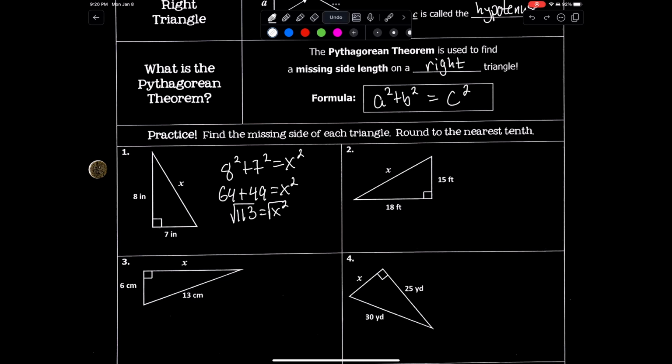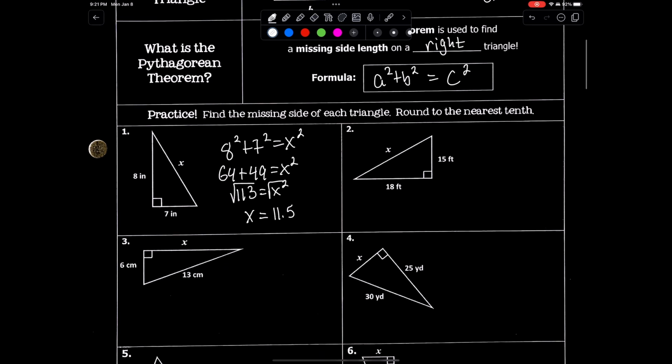While it works mathematically, it doesn't make a whole lot of sense geometrically or in real life. So for now, we're just going to take the square root of 113. X is about 11.5. And we're going to leave it like that.